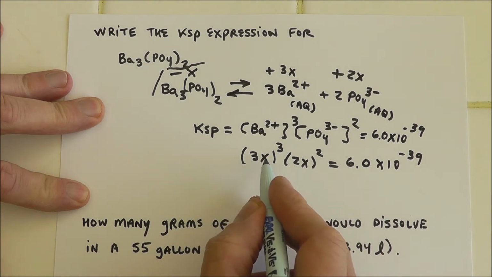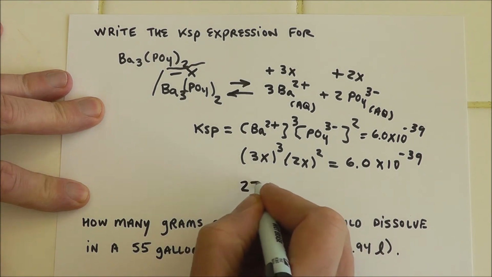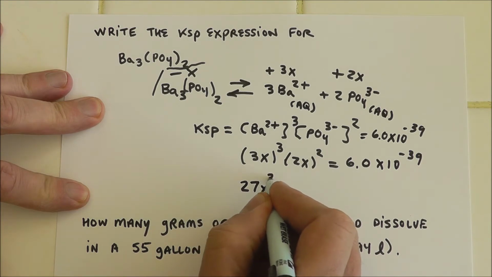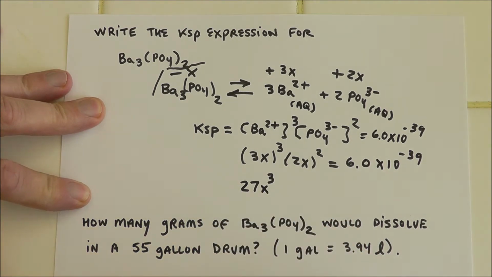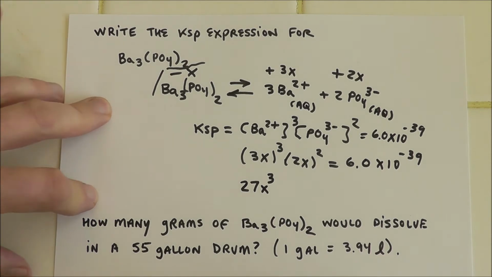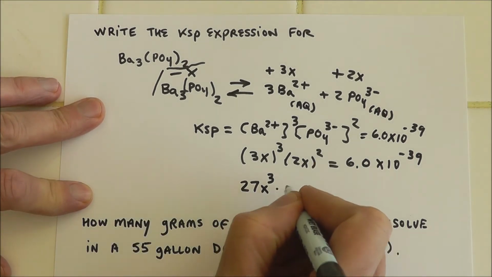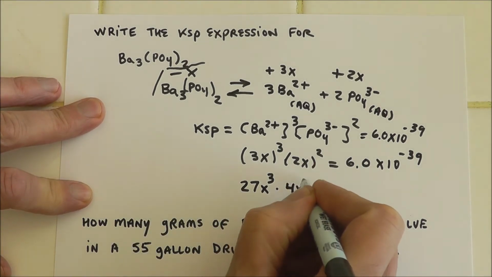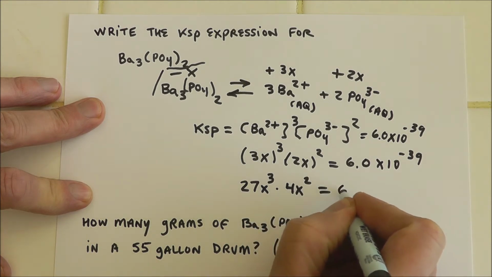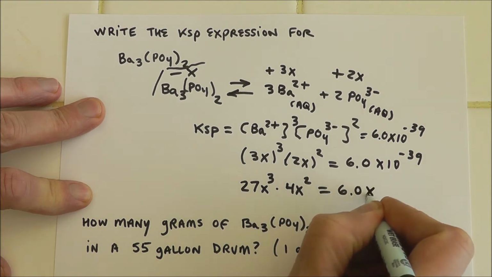Okay, 3x times 3x times 3x is 27x cubed. 2x squared is 4x squared. All that's equal to 6.0 times 10 to the minus 39.